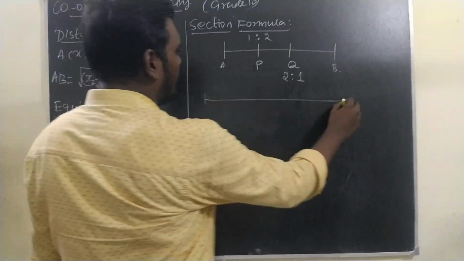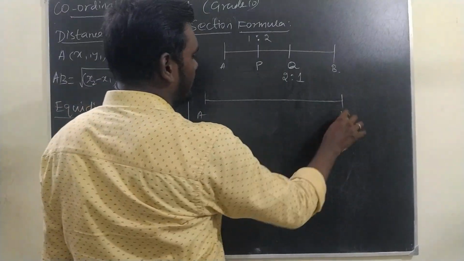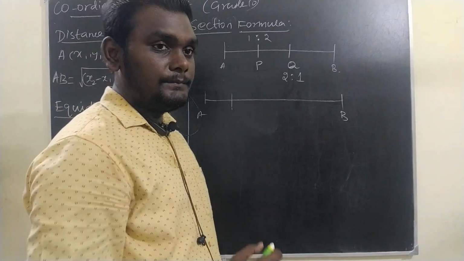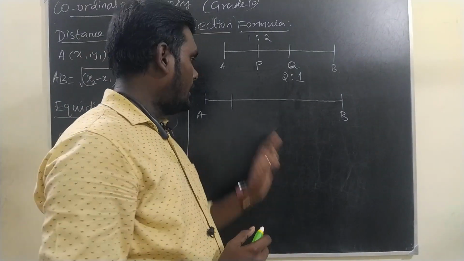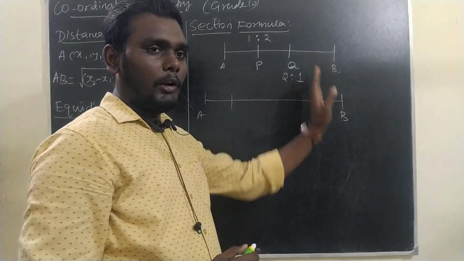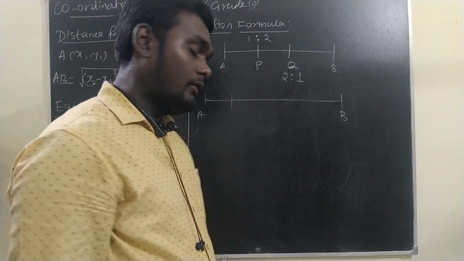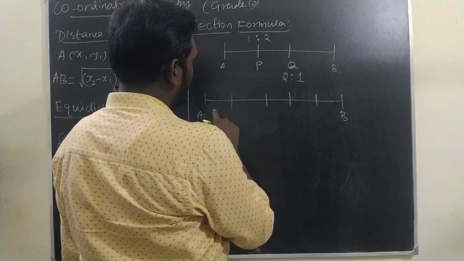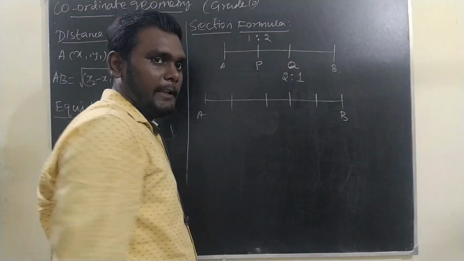Now, let me take another line segment AB. I am splitting this into 5 equal parts. Then how many points do we have to plot in between? 4. 1, 2, 3, 4, 5 parts we are getting.